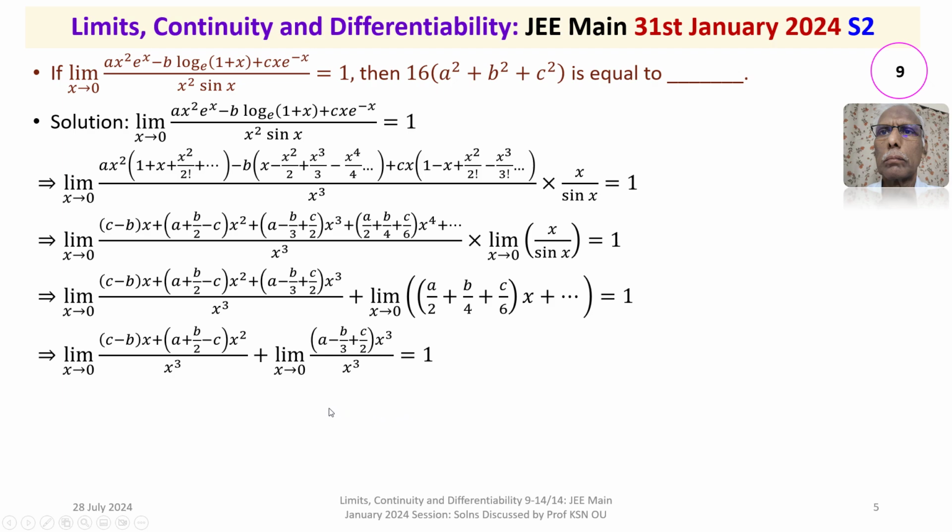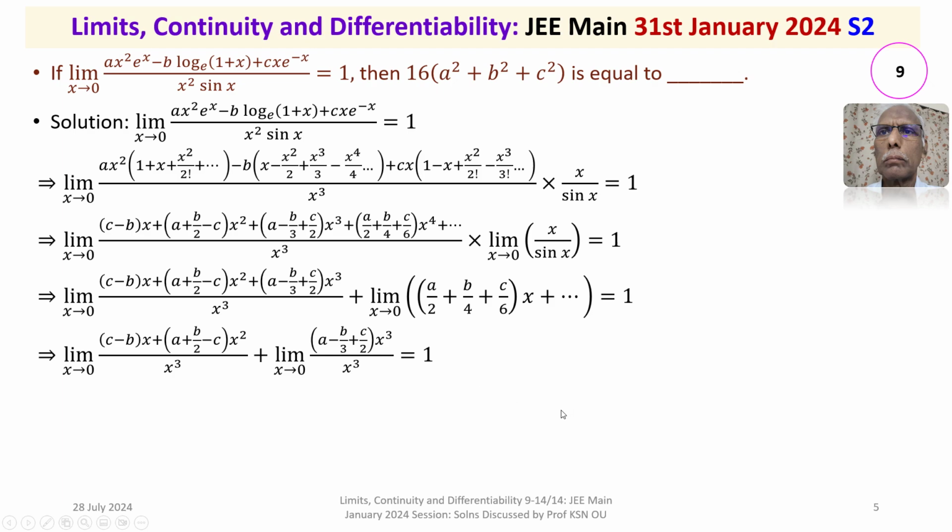And the limit exists. It is given. This limit exists and is finite. When is this possible? This is possible if you have c minus b is equal to 0 and a plus b by 2 minus c is equal to 0.